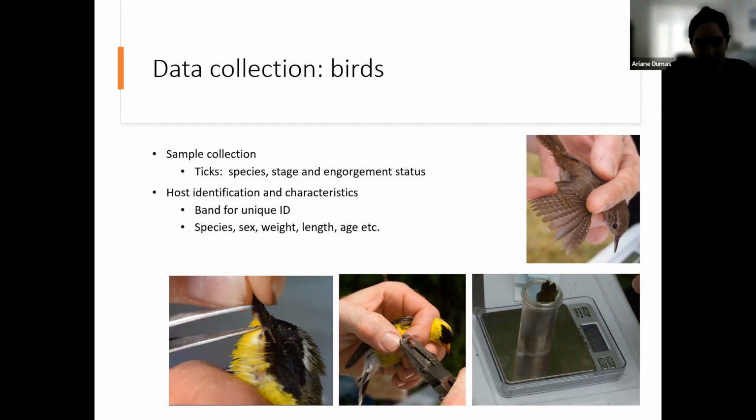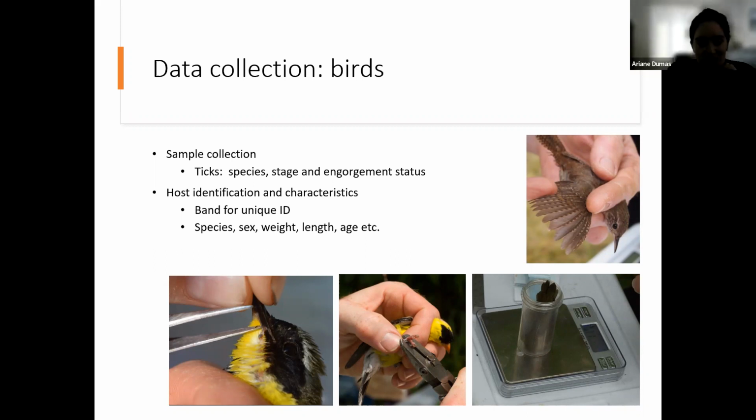In the picture above, I just wanted to show that looking at the bird's feathers can give you some indications about the sex and the age of the birds. So we compare the plumage patterns, for example in the wing, to a chart, and we can determine the bird's sex and age.